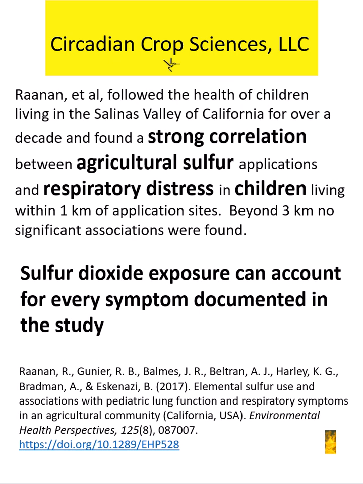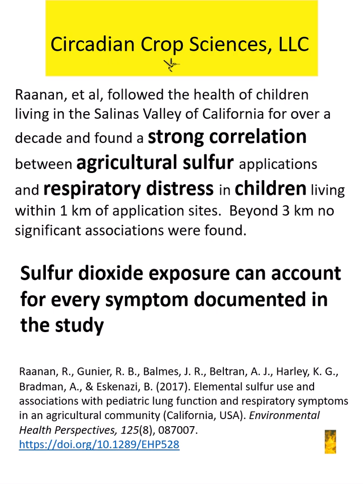A group of researchers from the University of California, Berkeley, published a study in Environmental Health Perspectives. In this study, they looked at children and followed these children for over a decade.